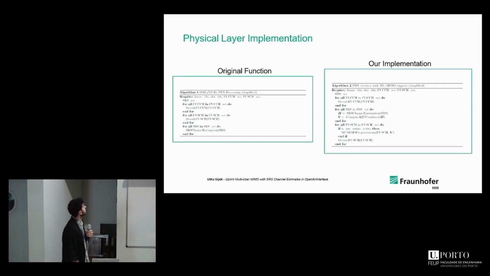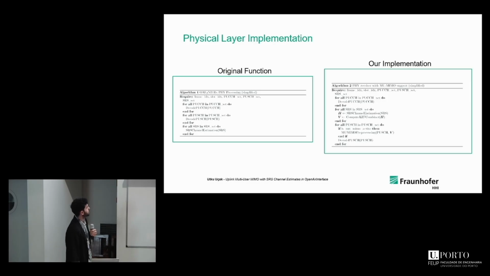And here is a summary of our routine. In the OAI PUSCH scheduling or receive chain, it usually does the control channel decoding, then shared channel decoding, and then SRS.